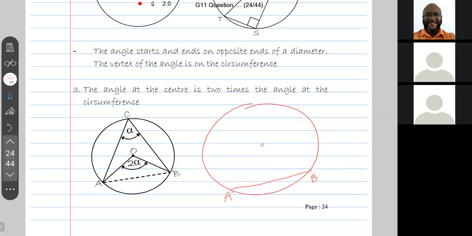Now, if I draw a line from A to the center of the circle, and then come back down to the other end of the chord, down to B, this angle is called the angle at the center.